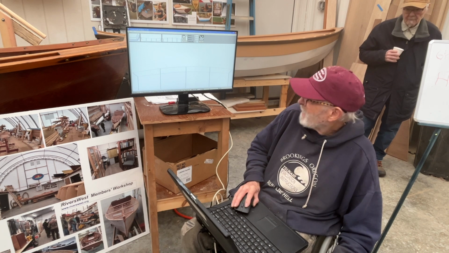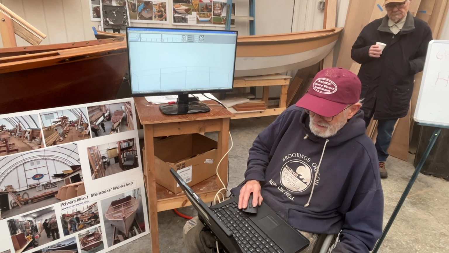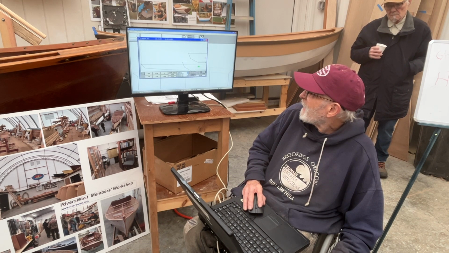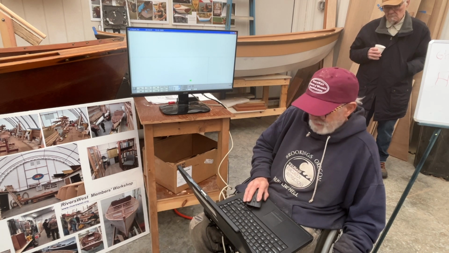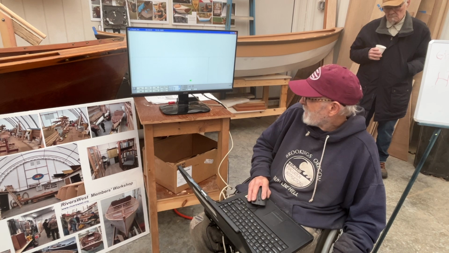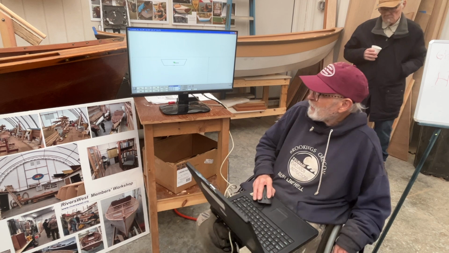Nesting. Okay. That's what your stem looks like. That's your bow.